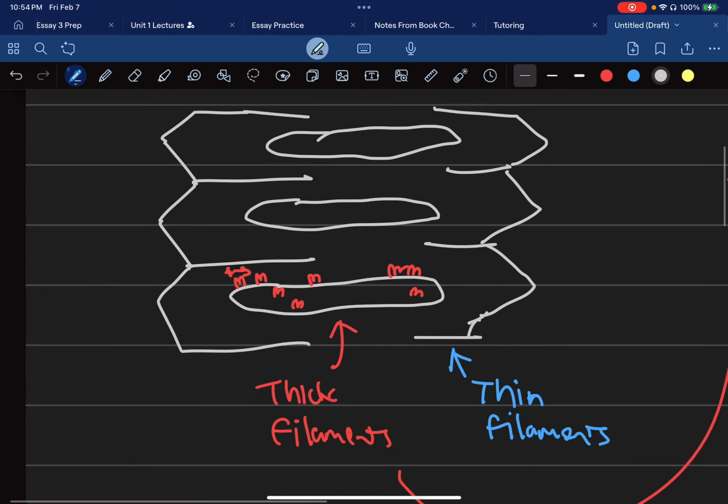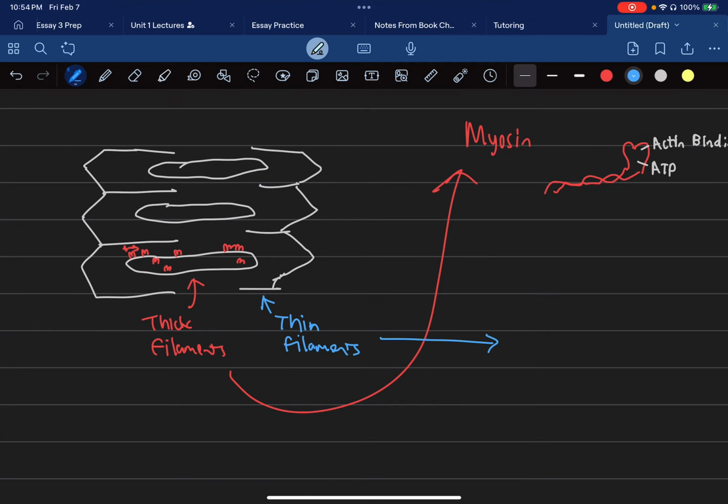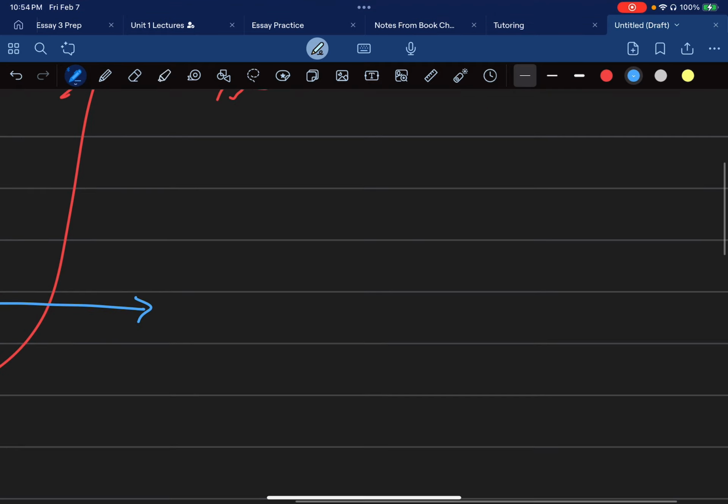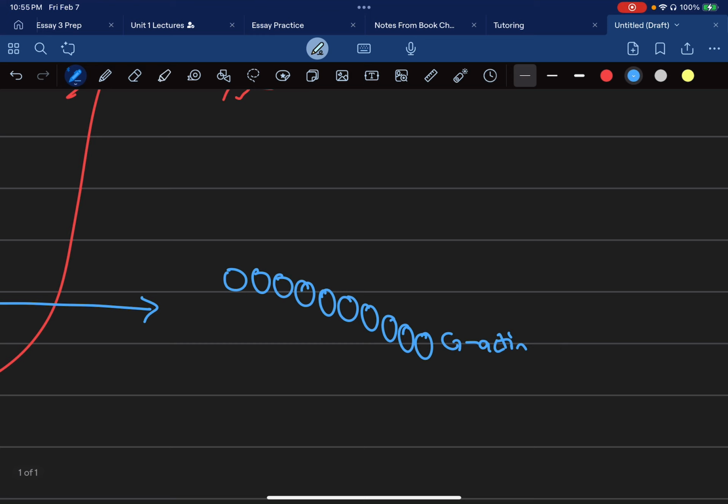Now, what does the thin filament actually look like? The thin filament is going to be made up of what we call G actin proteins. That's what these little circles I'm drawing are. Each one of these is a G actin protein, and the chain itself is an F actin protein.